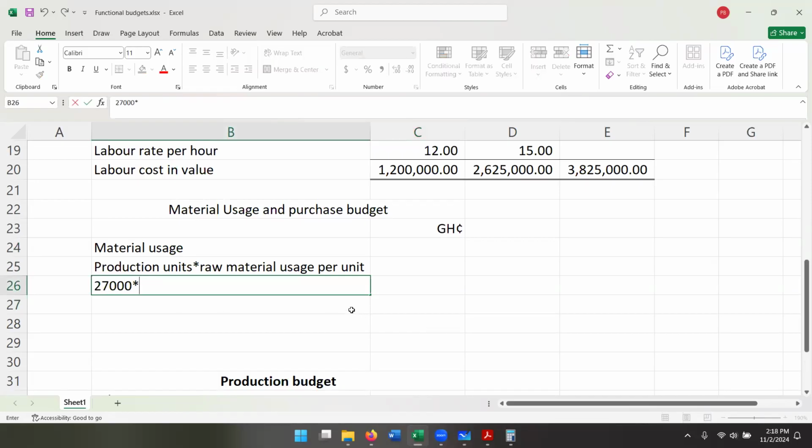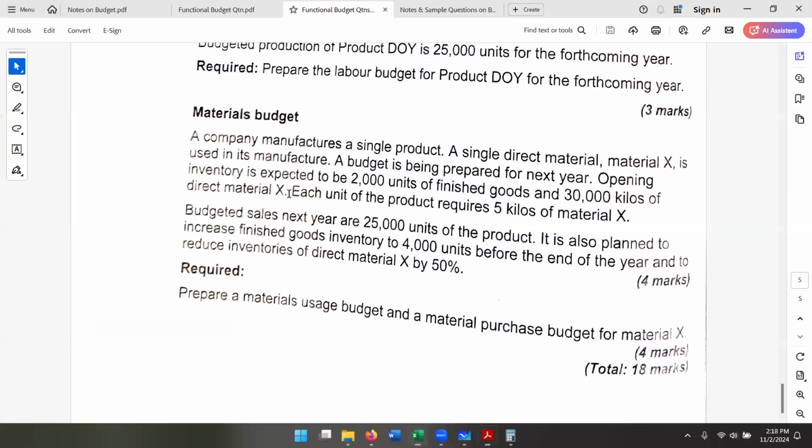Then multiply by material X, the raw material we are dealing with. If you want to produce a unit of the finished product, what quantity of material X do we need? Let's look through the question.